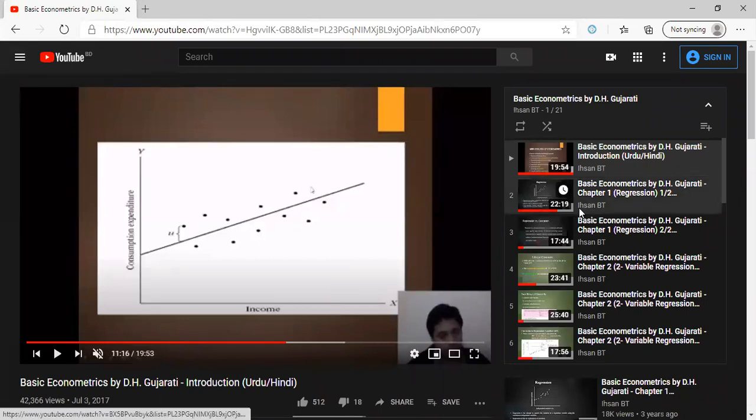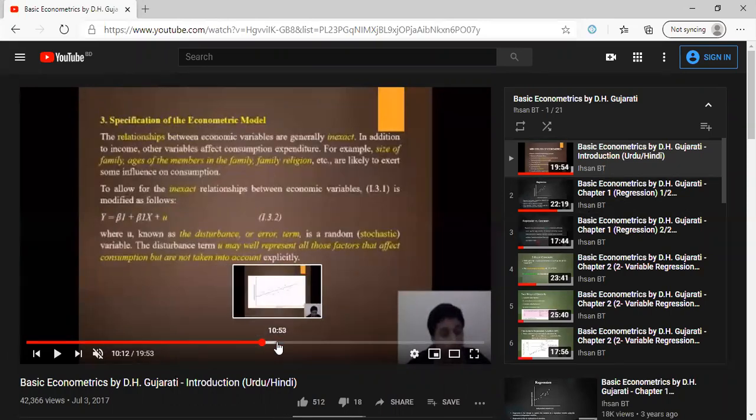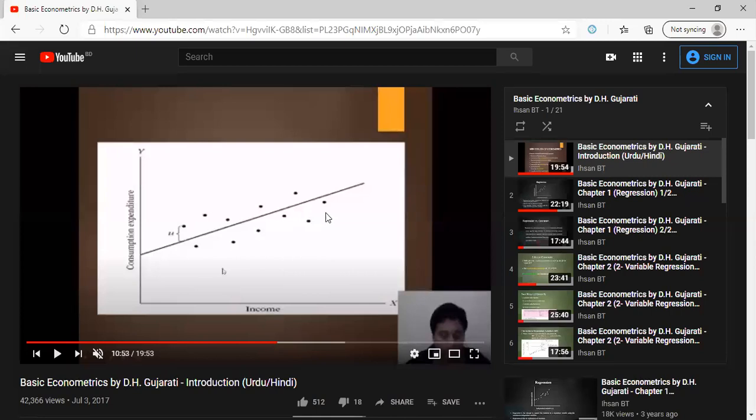If actually the line is like this, but maybe you draw it a little bit more upward sloping like this, or a little bit flatter like this, that's a mistake, obviously, but that's not a big mistake.